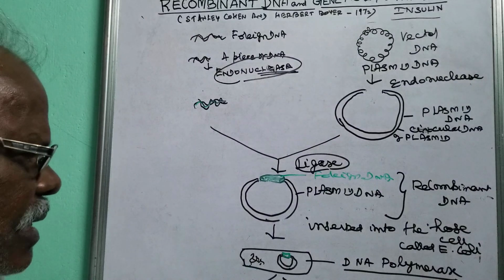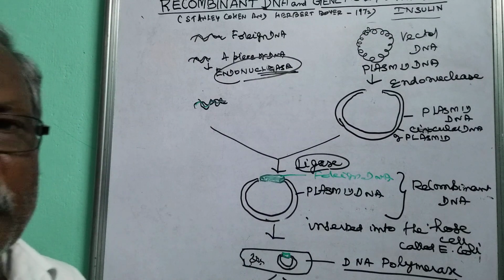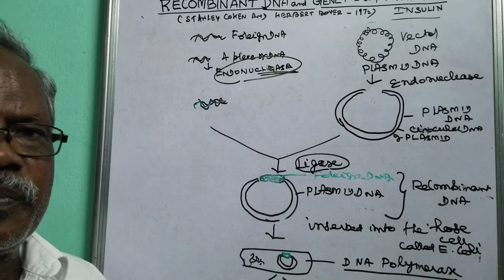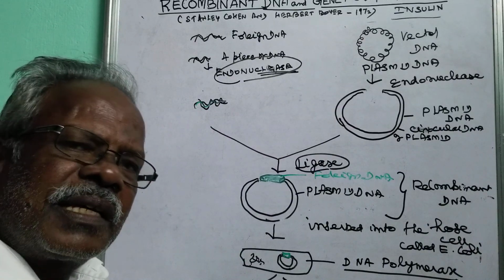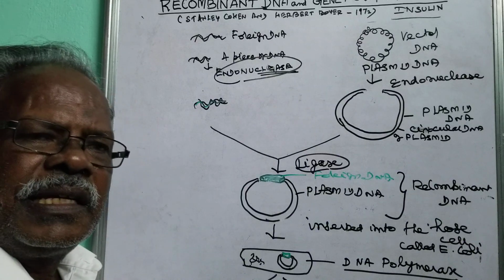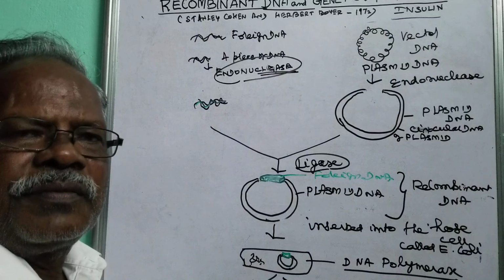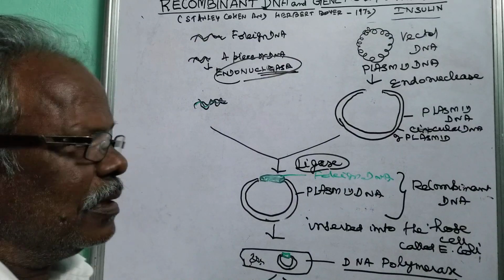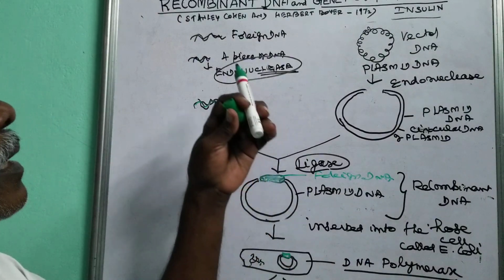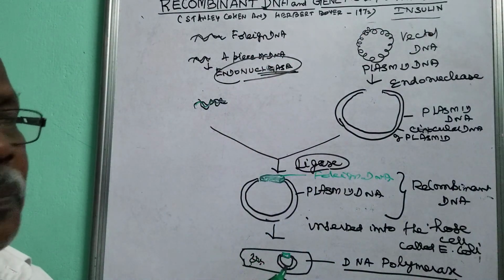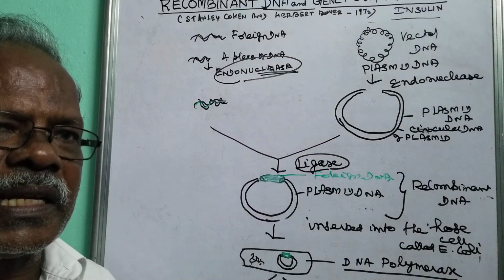Again this is divided into 2, like that, and it multiplies many times. The insulin DNA is available in this, and this insulin we are making use of. This is how genetically engineered insulin is prepared by the method of recombinant DNA.